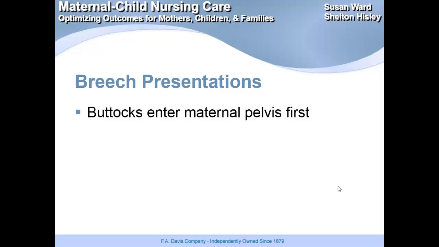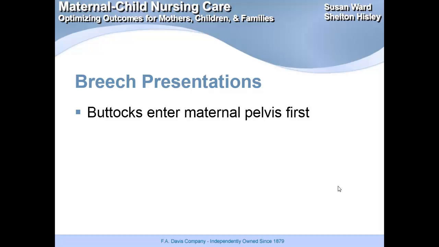Complete is essentially the same: the baby is flexed with the buttocks presenting first, but it's the exact opposite of the cephalic presentation. And then there's the footling, where one foot or both feet come out first.